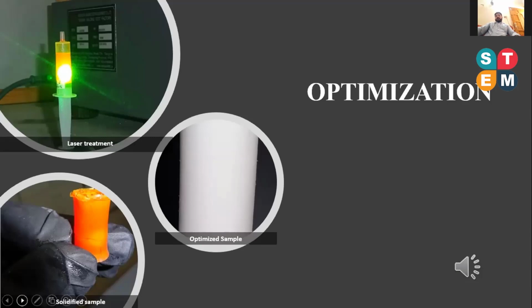The last picture shows the optimized sample, the last composition. After various trials we produced a colorless, lightweight sample with very low density, almost half of the original sample, and we produced the composite which is shown in the last picture. Next please.